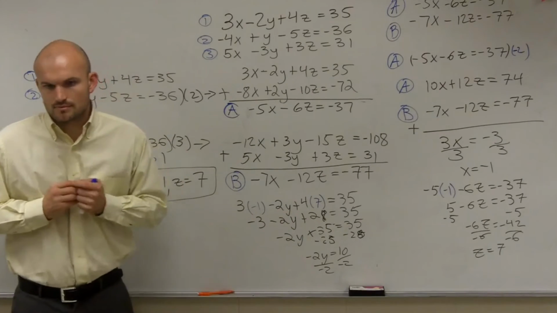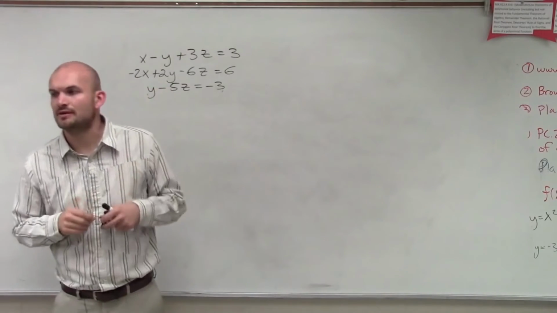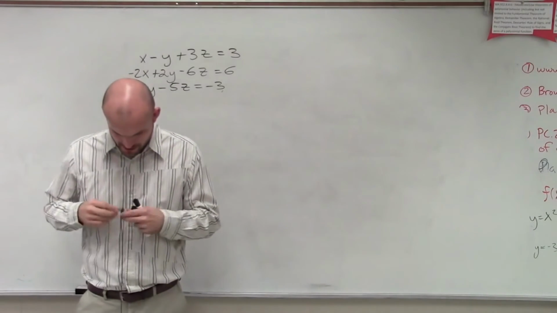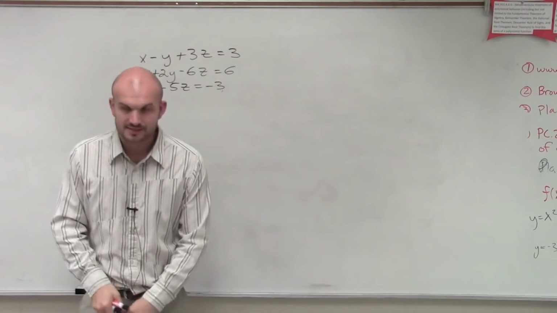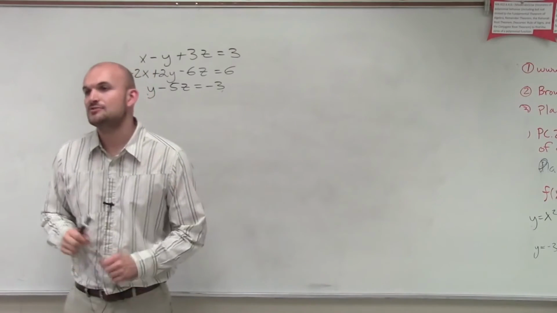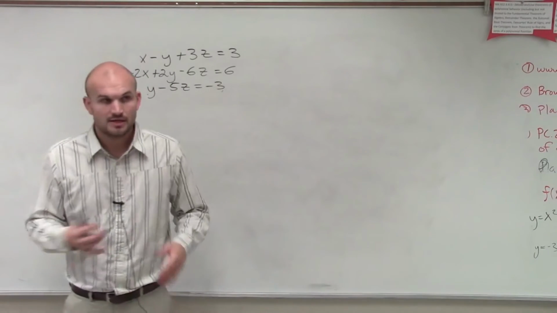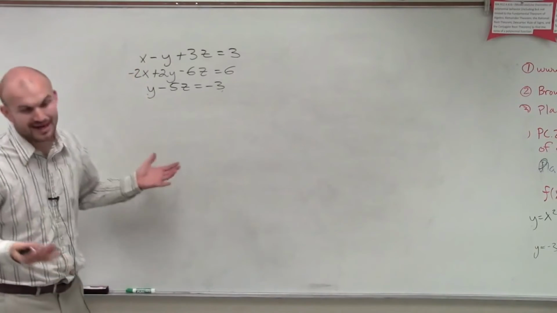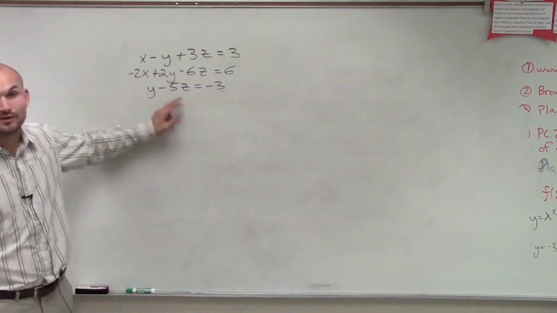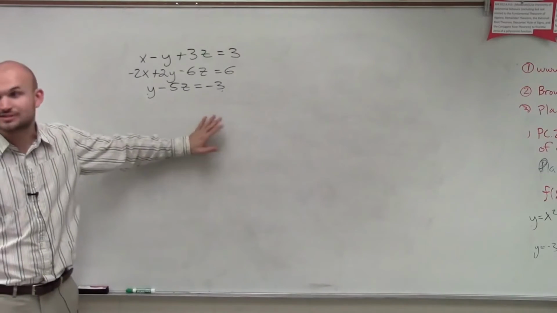We good? All right, so ladies and gentlemen, as we were talking about before, the main important thing when looking at a system of 3 variables is we need to break it down into 2 equations that only have 2 variables. In this one, we got a little help because we have one equation that only has 2 variables.